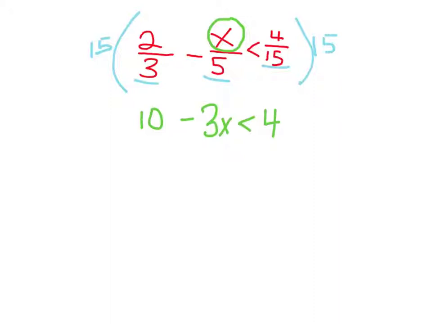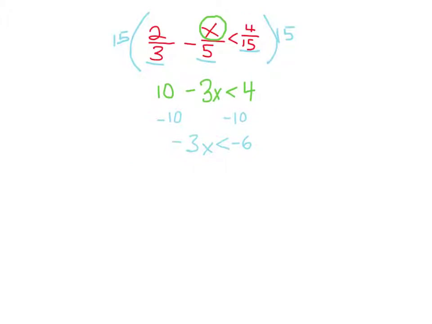Next, to further isolate the variable, we'll use the addition/subtraction principle and subtract 10 from both sides. This leaves us with negative 3x is less than negative 6. Now, using the multiplication principle, we're going to divide both sides by negative 3.